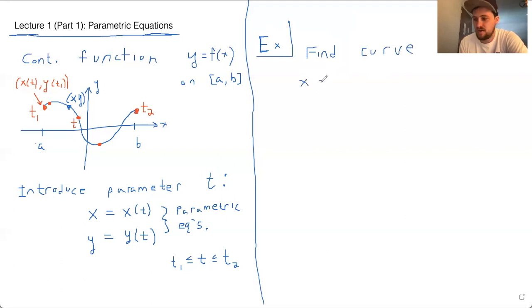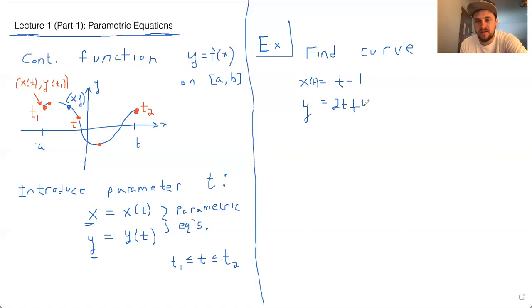We have x equals t minus 1, and y equals, again, for the sake of shortening notation a little bit, I will sometimes drop the x of t and just write x, and drop the y of t and just write y. But we know behind the scenes, this is x of t, and this would be y of t, right? So here we have 2t plus 4.